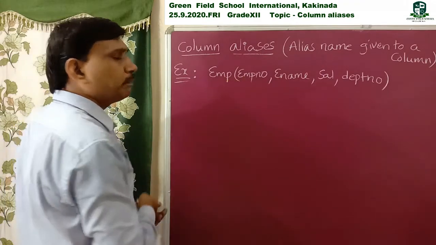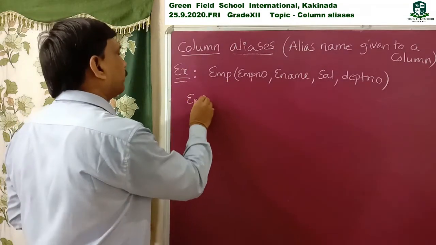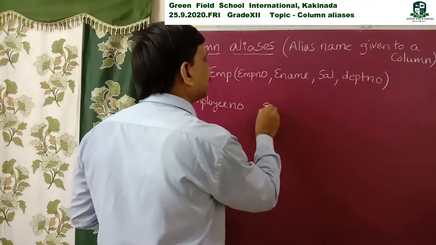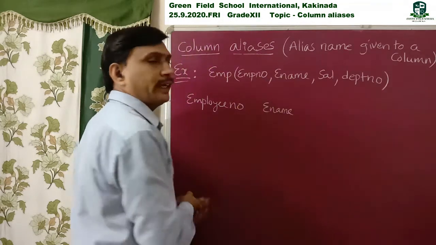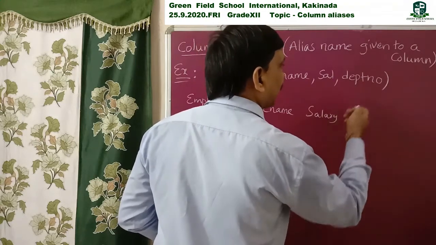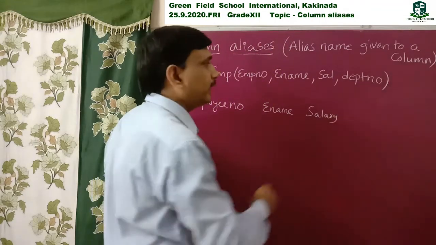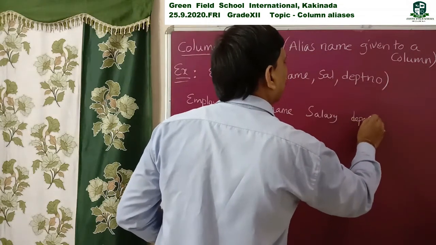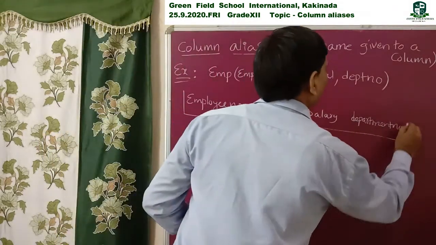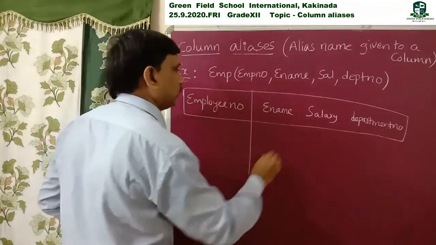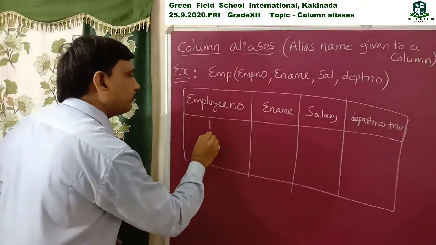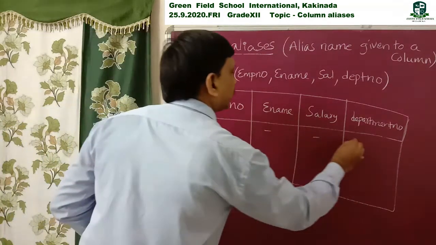First we change EMP number; I write employee number here. The second one we do not change, that's why it directly displays ename. Here I change salary: I replace the column name with the column alias. Here I write department number. See, employee numbers 1, 2, 3, 4 are displayed.